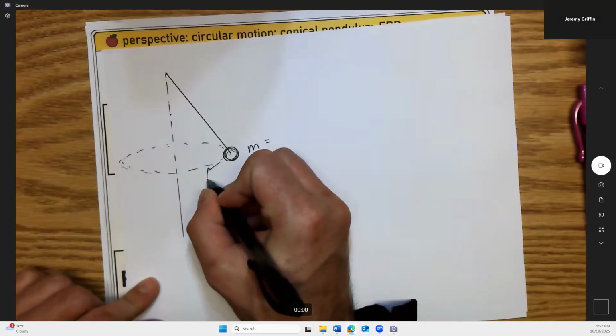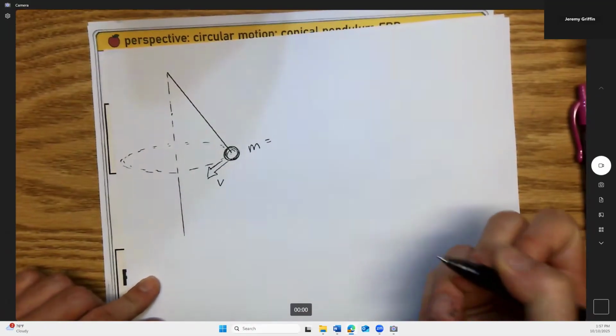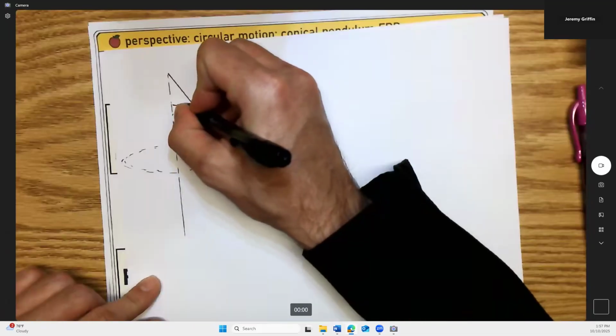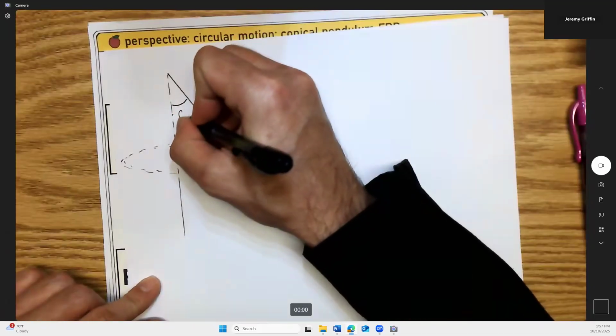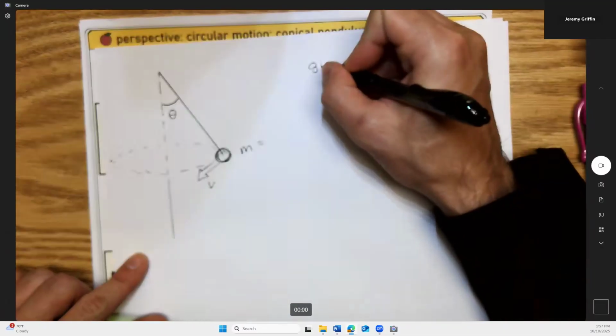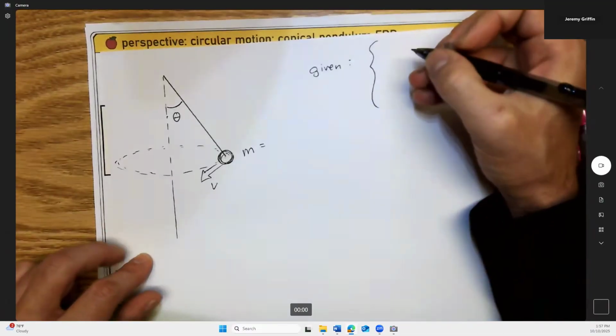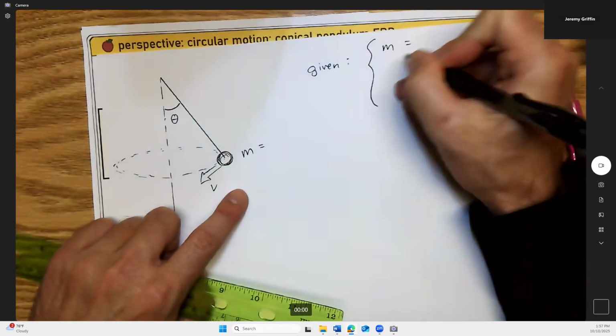It has some tangential velocity, I'll label that V. And there's some angle from the vertical, I'll label theta. These will have values. So given, I'll give you four things. I give you this mass right here.